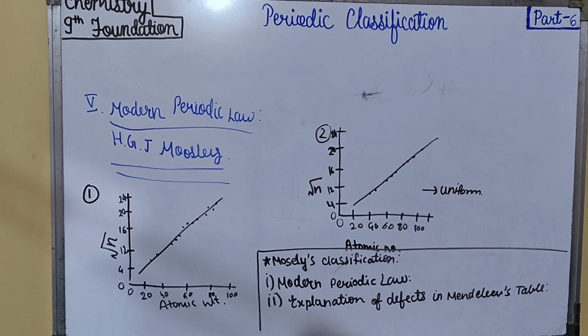The modern periodic table is also known as the long form of the periodic table, which is divided into 7 horizontal rows and 18 vertical columns. So, third is the modern periodic table.